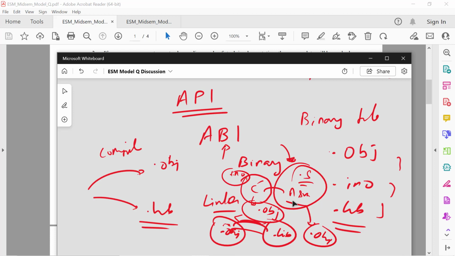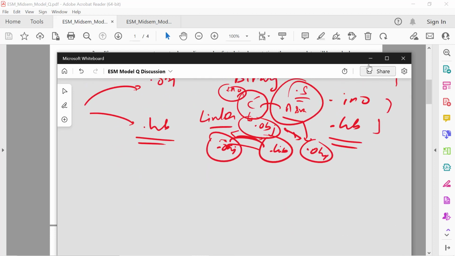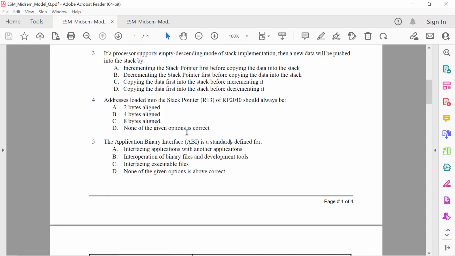So two different tools are generating the OBJ files, and they need to work with each other, because when I'm calling an assembly function from C, I'm passing a parameter, and they need to have clarity. So how different things can work together between two binary files is what the application binary interface talks about, and it's a standard.